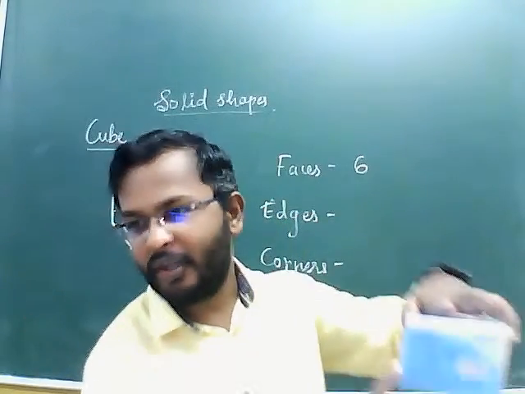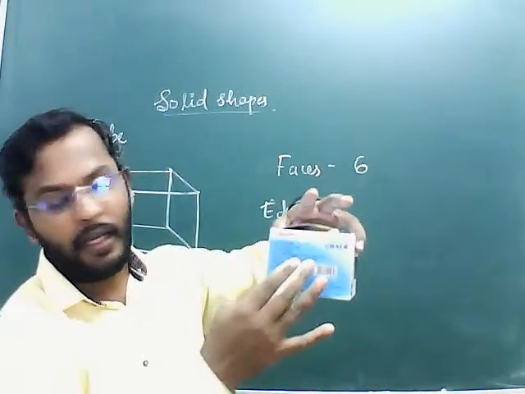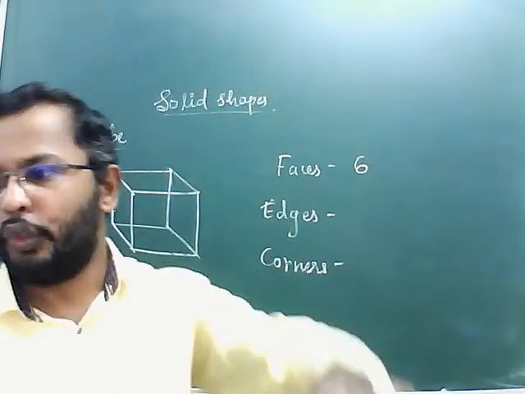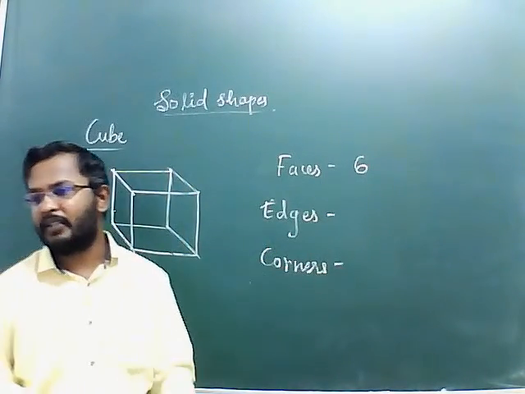This is not a cube, don't take this as a cube, I am just showing. In this shape, 1, 2, 3, 4 on the sides and 2 on top and bottom. Total 6 faces. And how many edges are there?